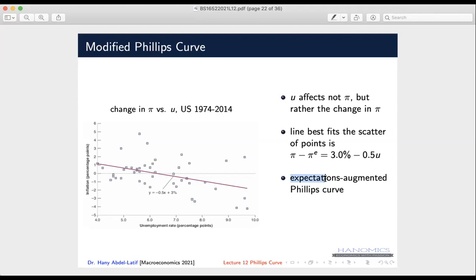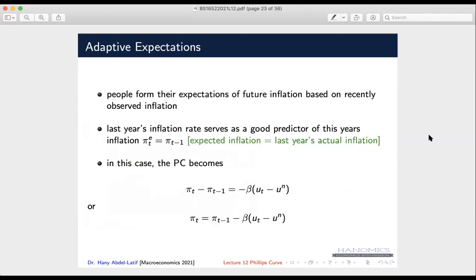It's actually called the expectations augmented Phillips curve. We already covered this, and it's just considering expectations, and one way to think about how people expect, or how economic agents form their expectations of prices or inflation.